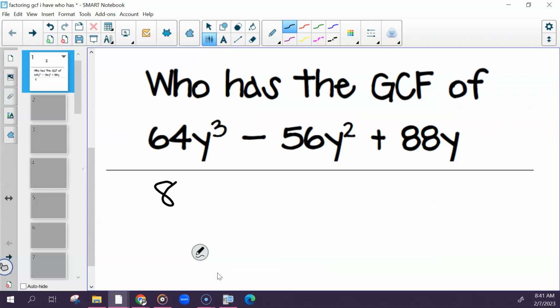So everyone look at your card. If you have 8, then look at your variables, see what that GCF would be. Help each other. You may be sitting with it and you may not know.